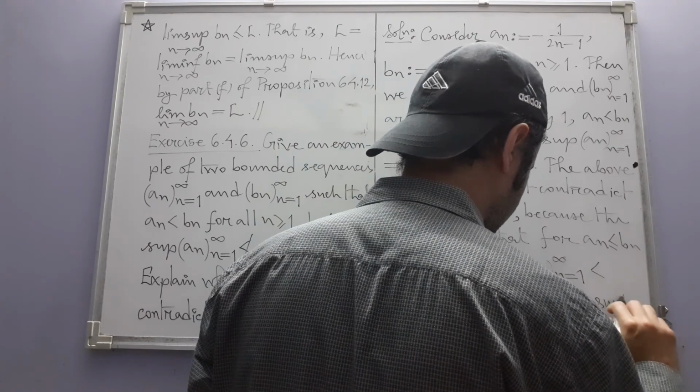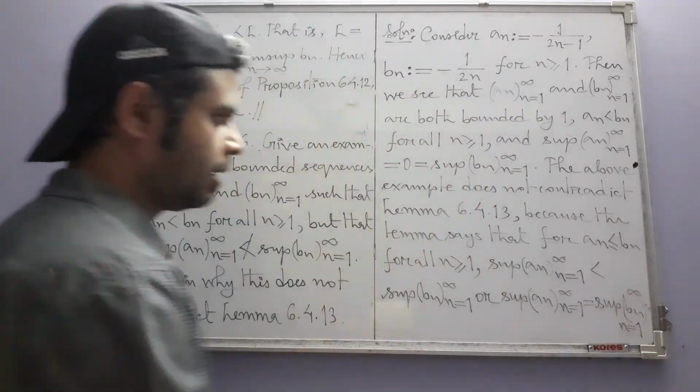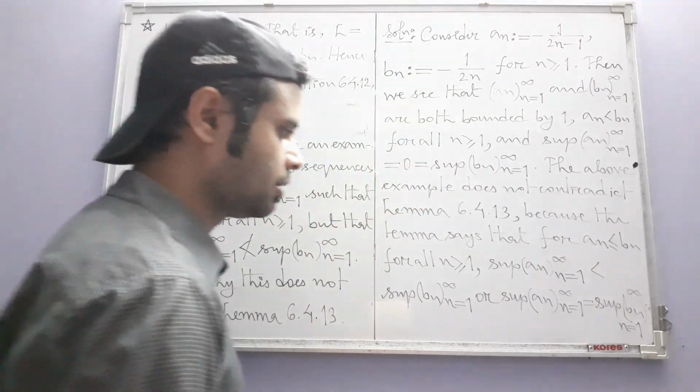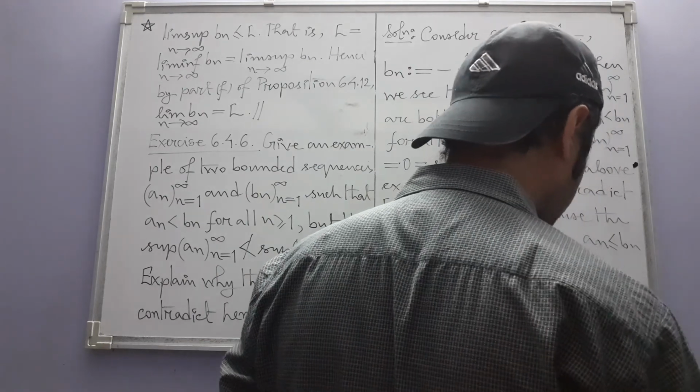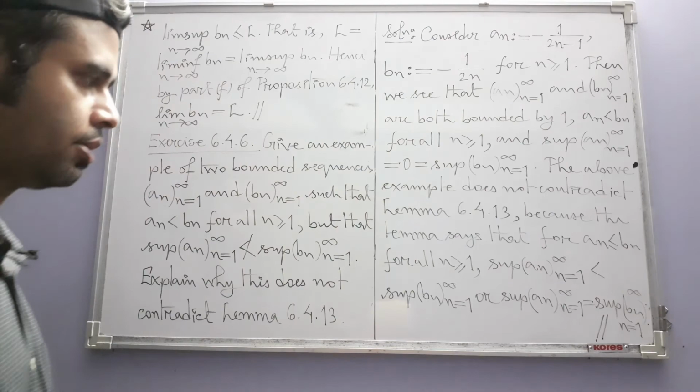That possibility is also there, and that's what we have here. We have got equality. So that's why the comparison principle has not been violated, and this completes the solution.